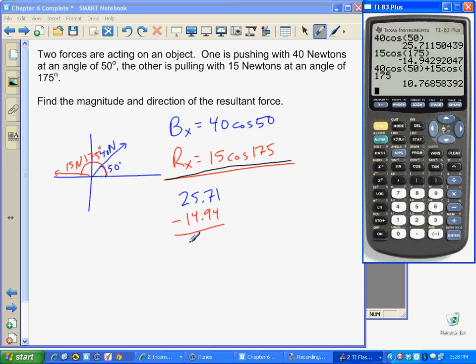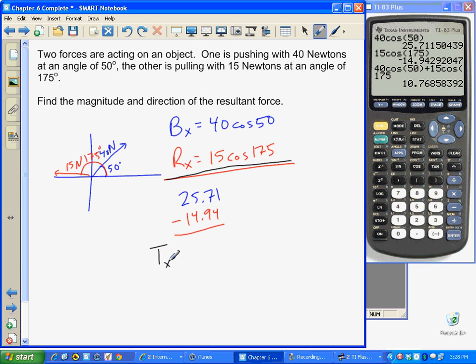So this is my overall resultant X force. The total X force would be 10.77 newtons, and this is in the X direction. Since it's positive, I know that it's this way. So I've got a total X force of 10 newtons to the right.